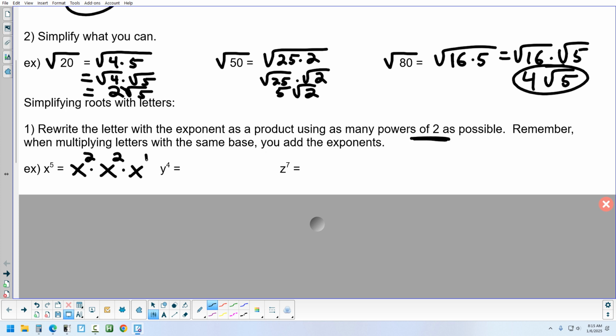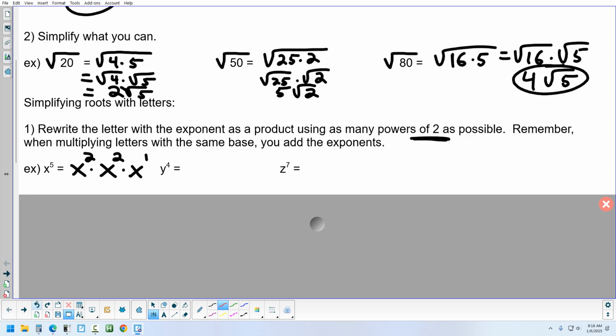Now, how did I know that? Well, when I'm done, all the exponents that I write down have to add up to the number I started with. So 2 plus 2 is 4, plus 1 is 5. So you want to use as many exponents of 2 as you can, and then you might be left over with an exponent of 1, if it's an odd number.